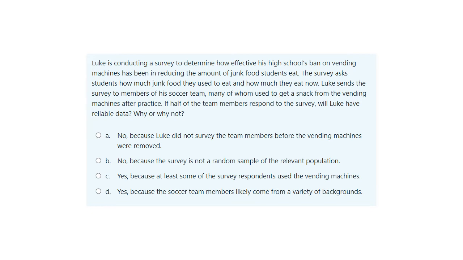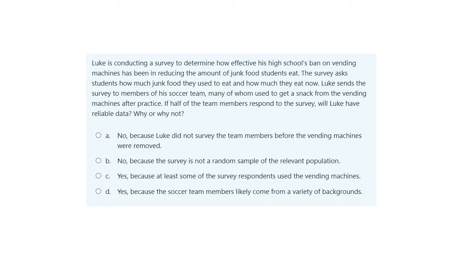The school banned those vending machines. That kind of machine is called a vending machine. Vending just means to sell. So the school banned those vending machines because they want to cut down on the amount of junk food. Junk food just means unhealthy food that students were eating.